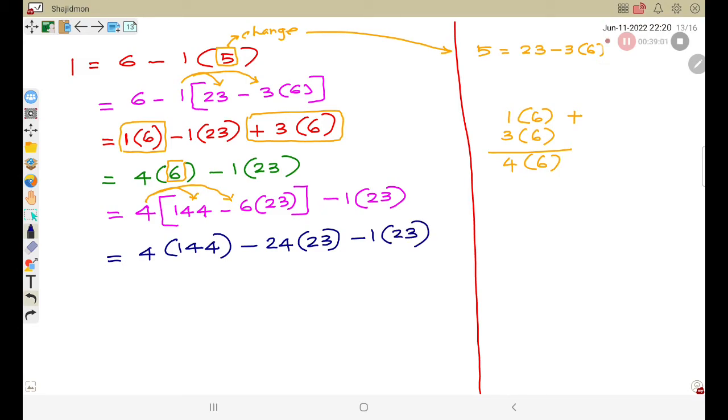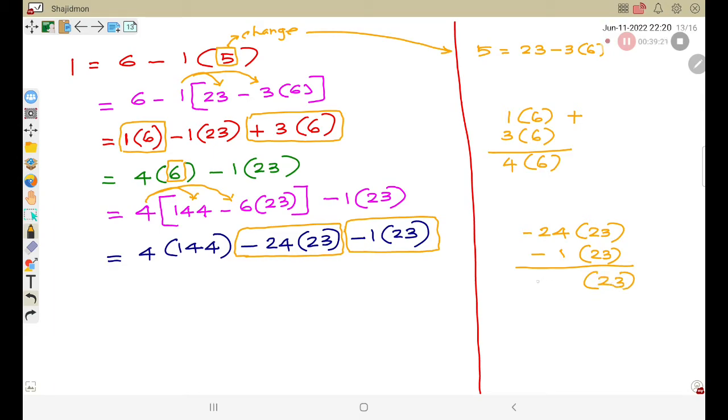Correct? Now the same numbers we can add. See, minus 24 multiply 23 is here, and minus 1 multiply 23 is here. Minus 24 multiply 23 minus 1 multiply 23. So how much will it be? 23 is the same, correct? Minus 24 minus 1 means minus 25.